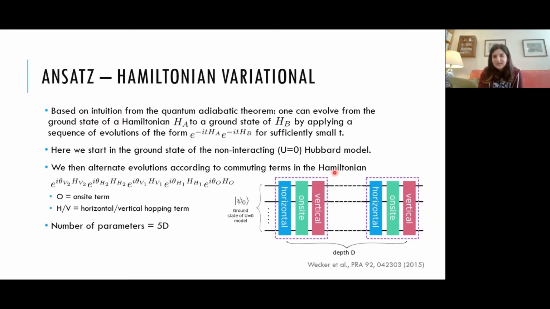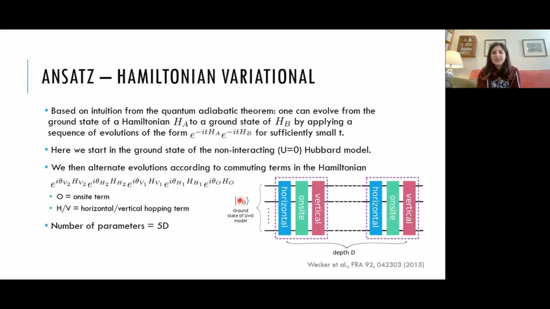Then another change from this adiabatic theorem is that instead of applying evolutions for the whole Hamiltonian, we alternate evolutions according to commuting terms in the Hamiltonian. You can split the Hamiltonian up into 5 commuting terms.